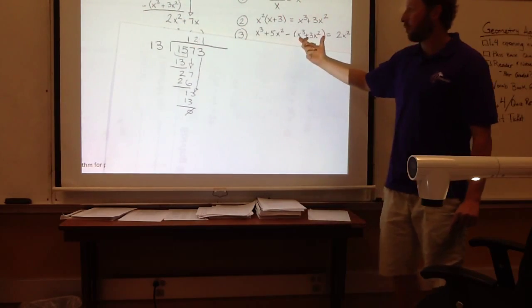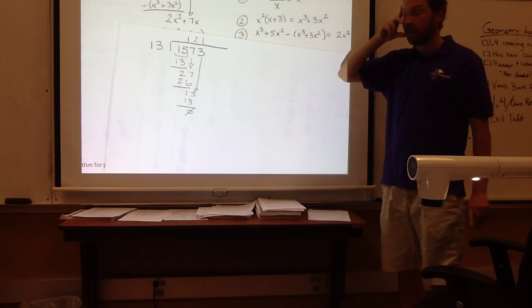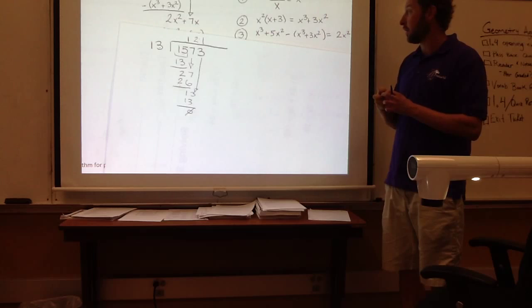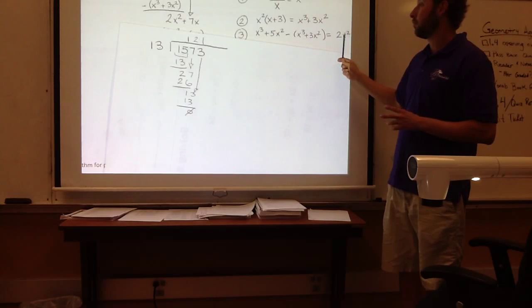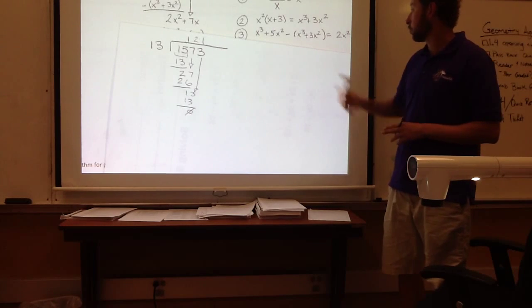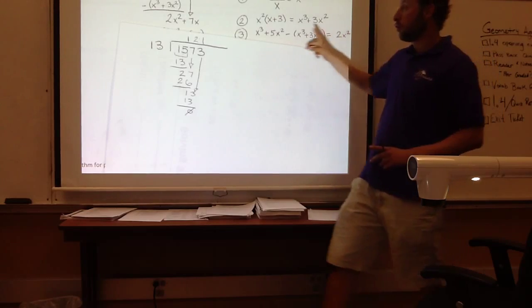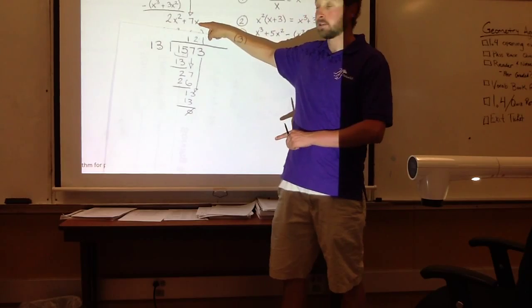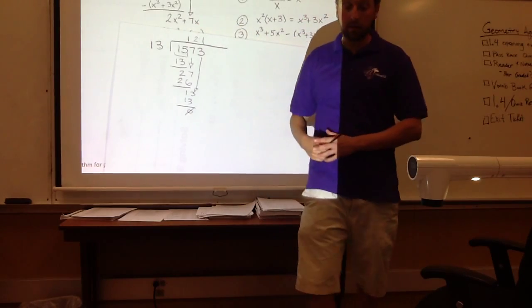And so you have to think about distributing the negative sign and then combining like terms, and you're going to be left with 2x squared. So you have 2x squared, and you bring down the 7x, and we repeat.